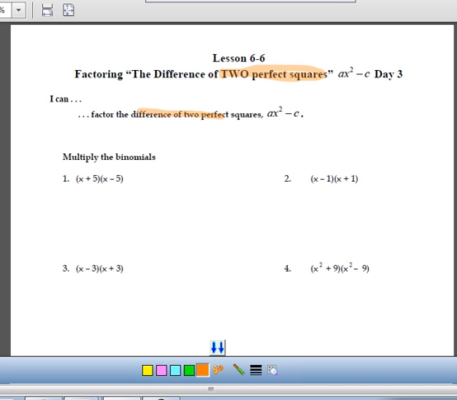Now, in order to see this, just like with the previous two lessons, I'm going to have you go through and expand or multiply all these binomials on your own. And then, once we see what they look like when they're expanded, we are going to understand a little bit more about what the factored form will look like.